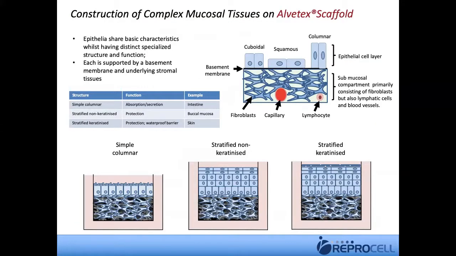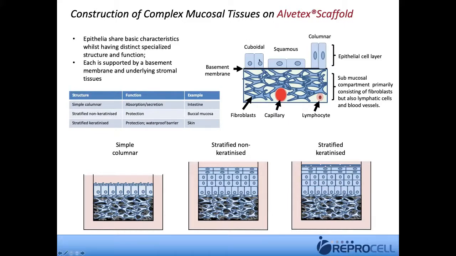So let's look at how we've gone through achieving some of those scenarios. What I'm going to do now is focus on how we've used this technology to construct mucosal tissues that you find in the body. A mucosal tissue, by definition, is an epithelium that sits on a basement membrane with underlying supporting stromal cells. In the schematic here, we have that depicted.